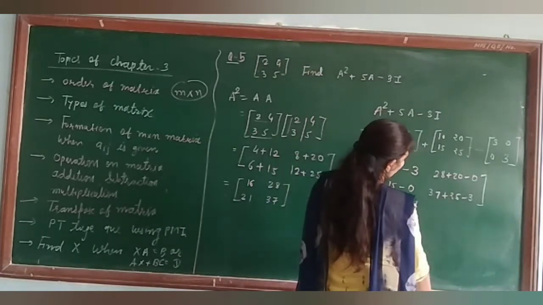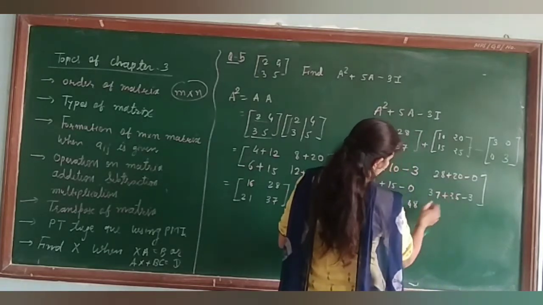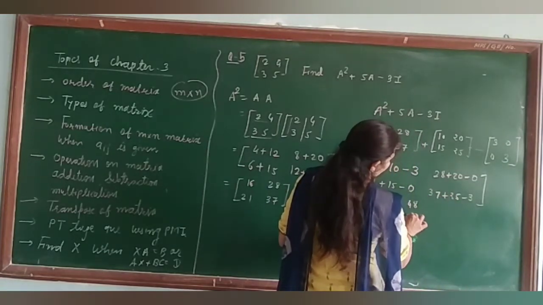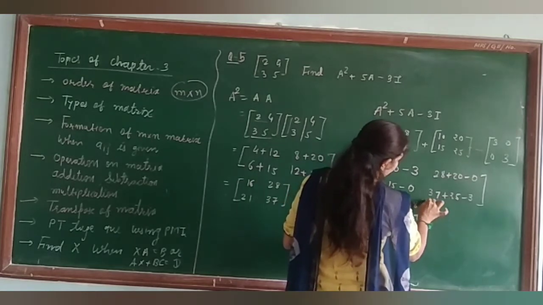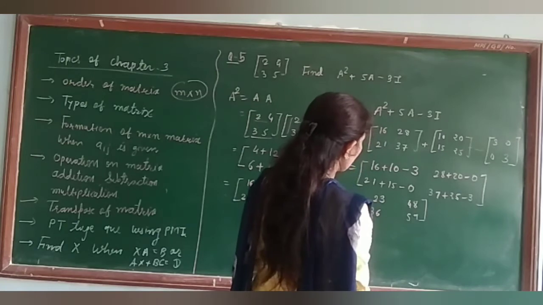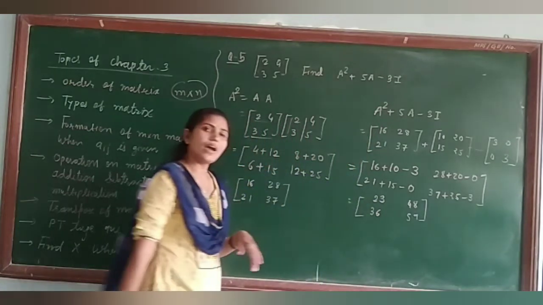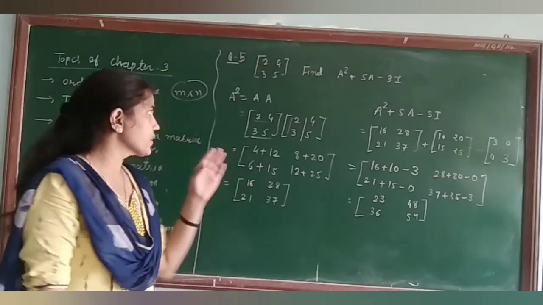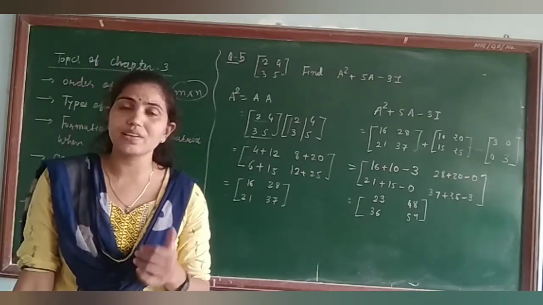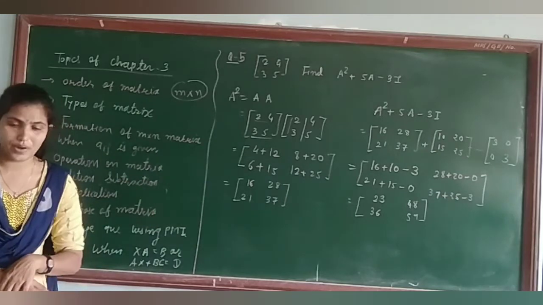And here you have 37 plus 25, it is actually 62 minus 3, so 59, correct. So this is the answer for A square plus 5A minus 3A. So this is the equation based on the addition and the subtraction.